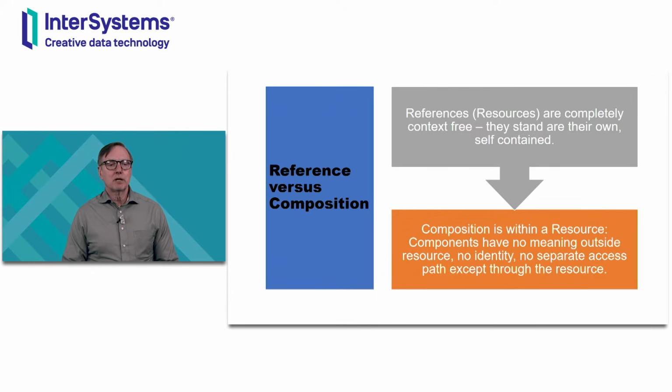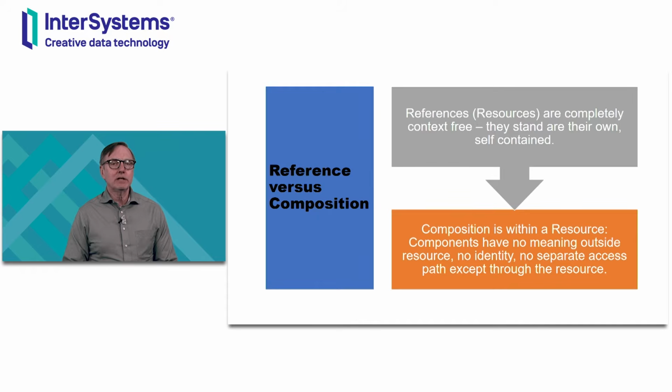Now, I've talked a little bit about resources and how they can refer to other resources. It's important for you to understand that resources are completely context-free. They stand alone. They're self-contained. However, within a resource, you could have a number of data types, some of them very complex.